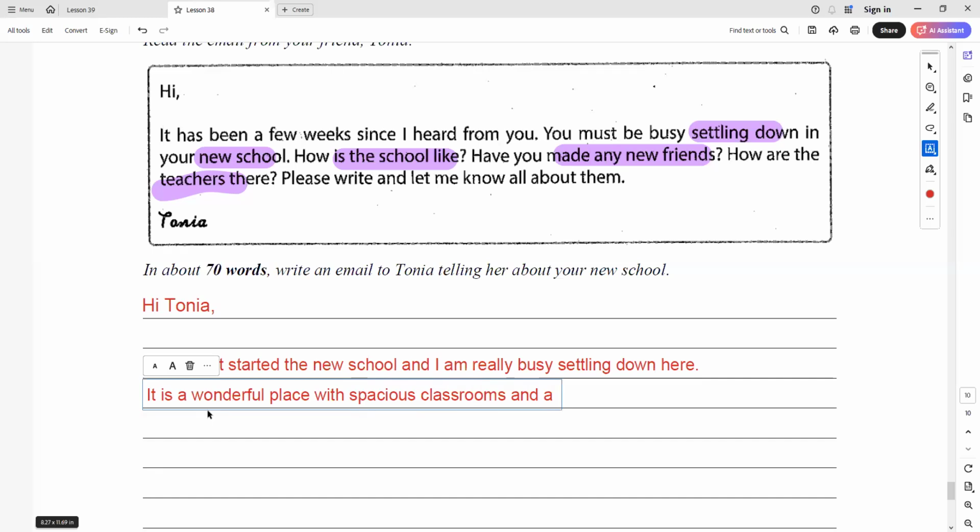A big library. If I'm not writing this, you can change to the other sentence as well. Okay? You can come to the other sentence.